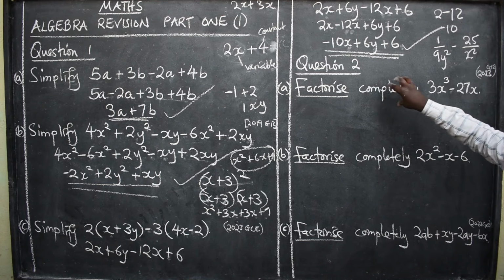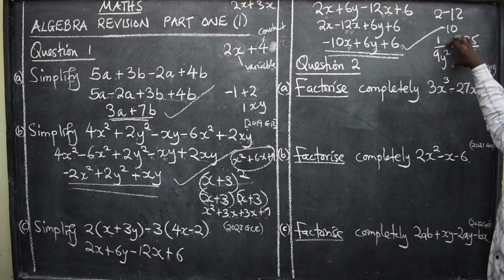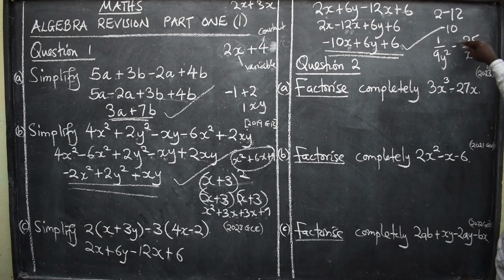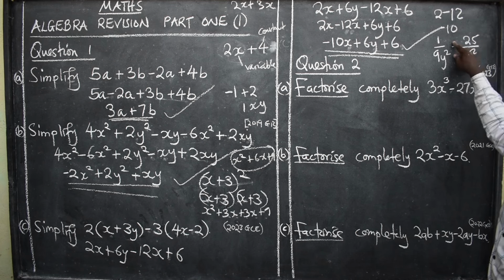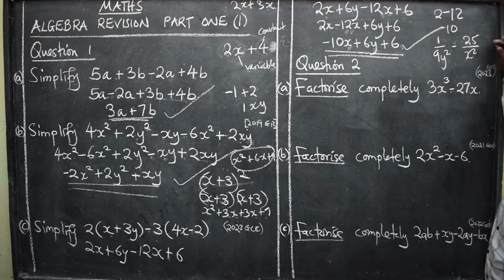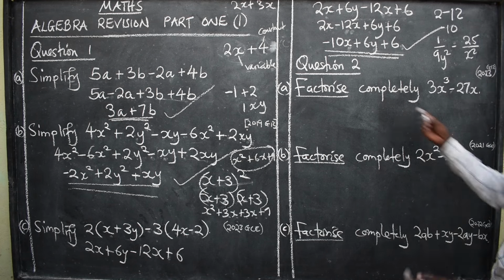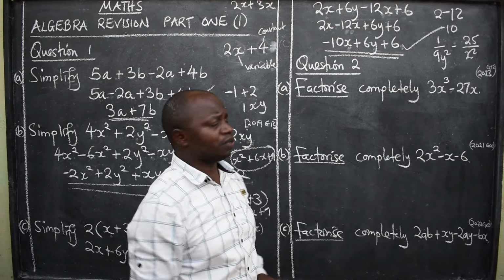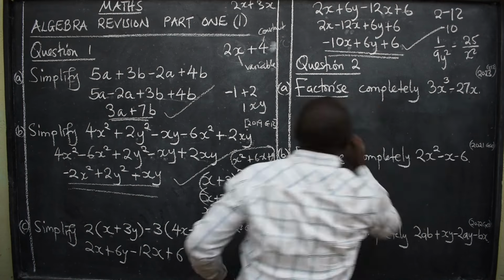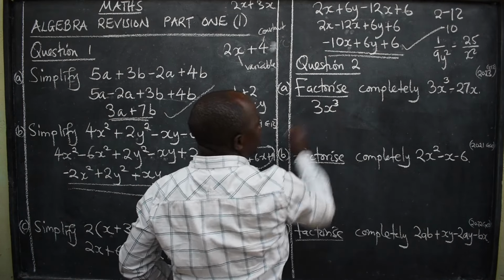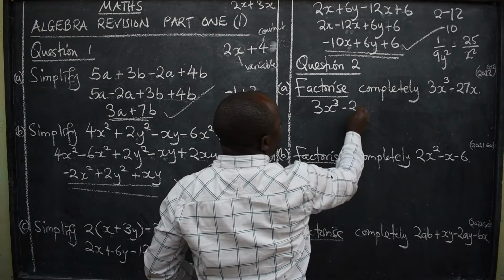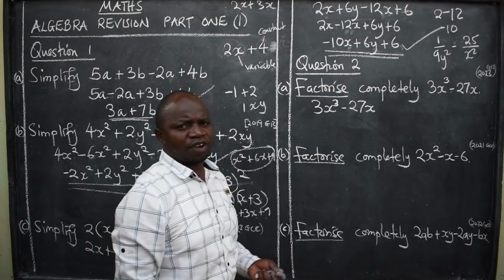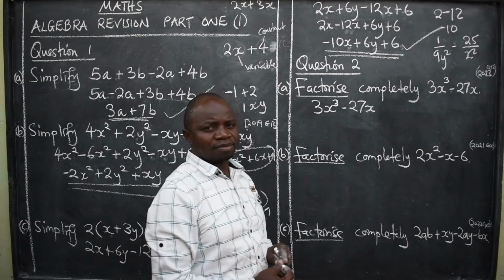It is the same thing. 2 terms, always a minus here, except that this one is a fraction. But the concept remains the same. So how do you first of all factorize difference of 2 squares? This here, which is 3x to the power 3 minus 27x. How do we factorize? You look at the terms.